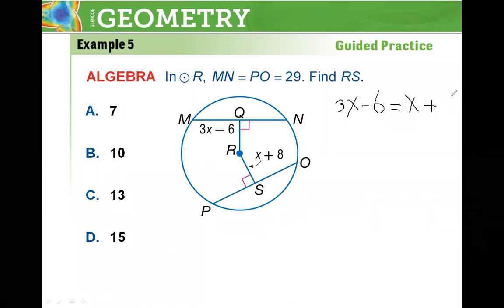What shall I do after that? You have a variable on each side, so remove one of them. Which is smaller, 3x or x?